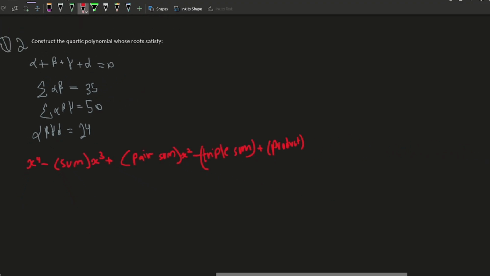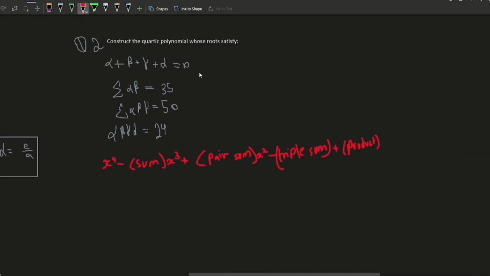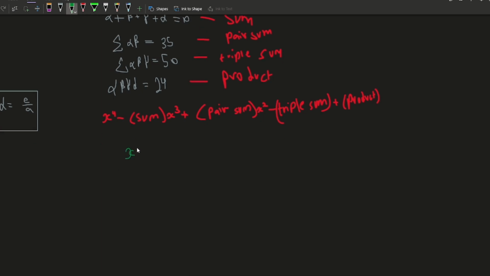So let's input these. This is the sum, this is the pair sum, this is the triple sum, this is our product. So if we input these values, our equation would be x to the power 4 minus 10x cubed plus 35x squared minus 50x plus 24 equals 0.